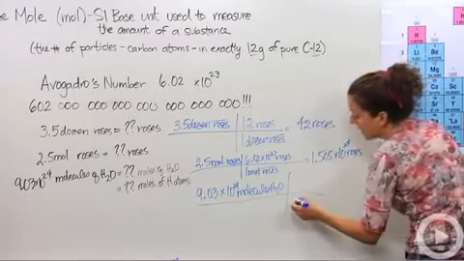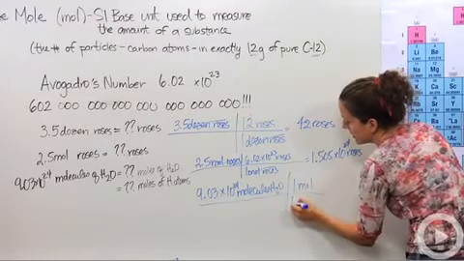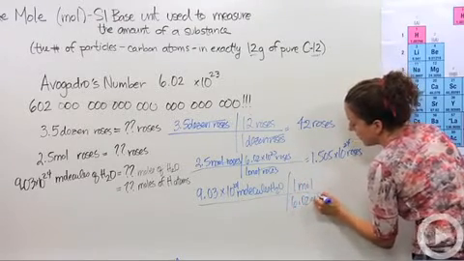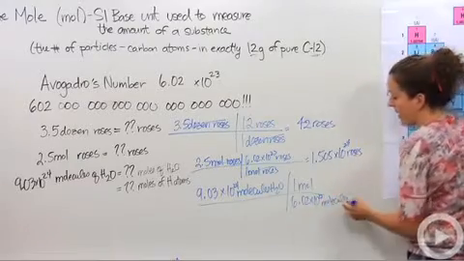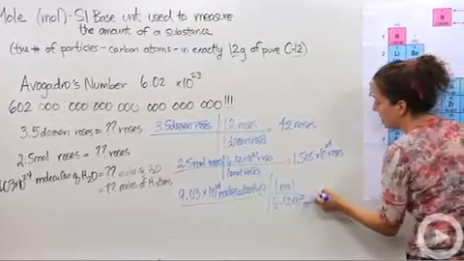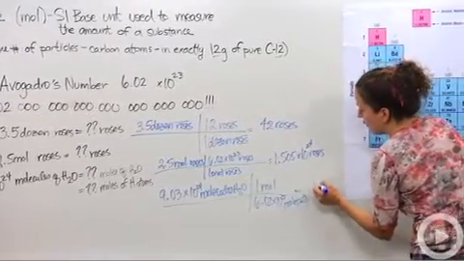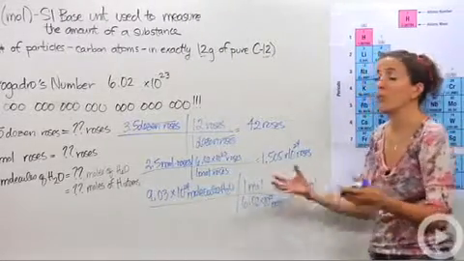We know that 1 mole of water is 6.02 times 10 to the 23rd molecules. Right? So we're going to cross out molecules, because one's on top, one's on bottom. We're left with moles. This gives me 1.5 moles of water, an easier way to write this rather than having that whole long number.